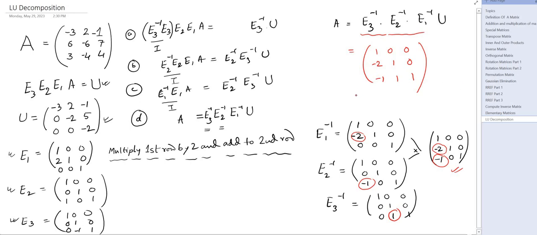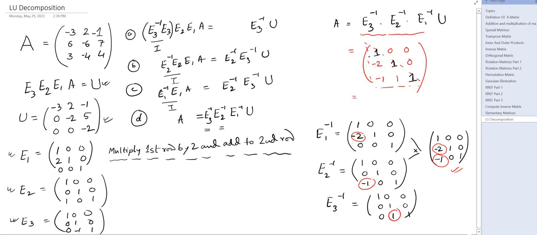Now if you see this, this is a lower triangular matrix. I hope I have not messed up the numbers. Let me use a different color. This is one, this is one, this is one, this is two, and this is two.